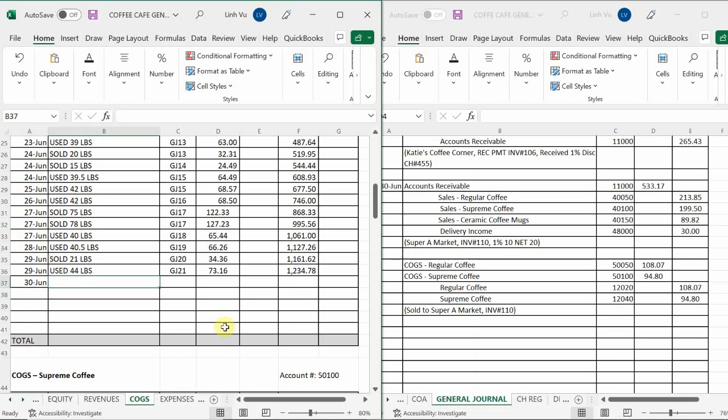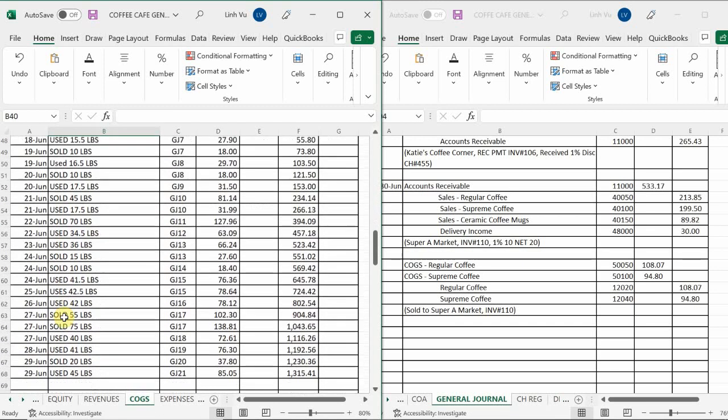I sold 65 pounds for 108.07. So what's my grand total here? 1342.85. Good.